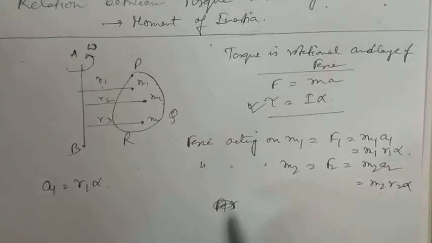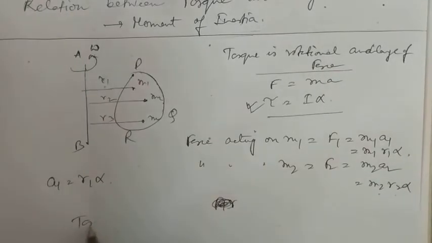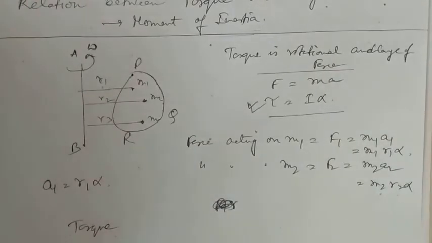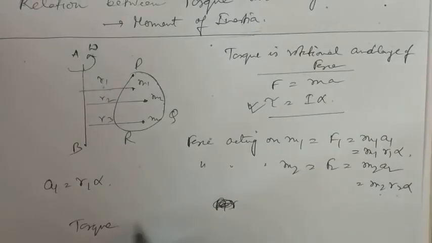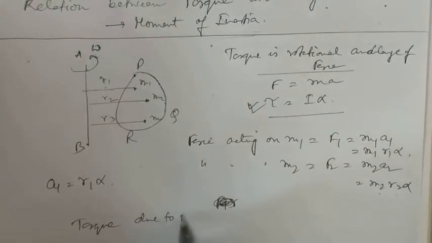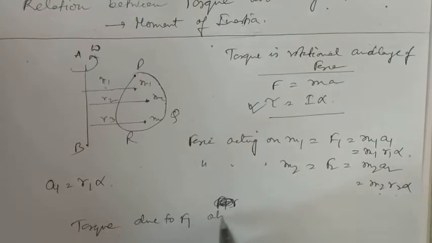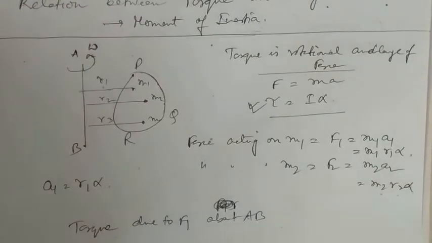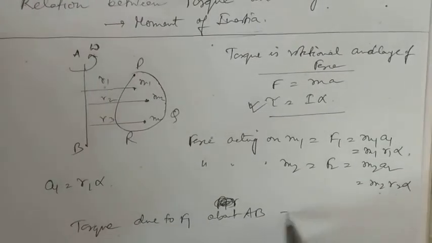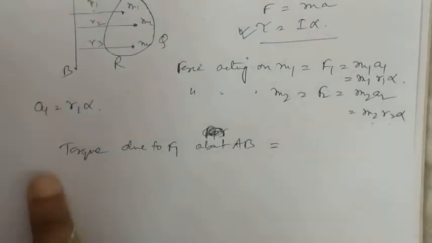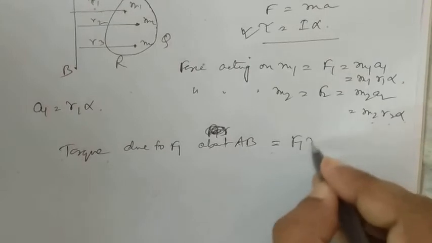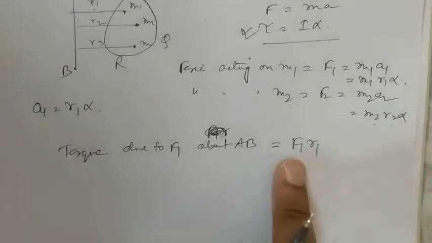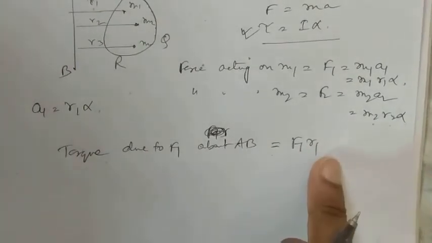Now the torque relating to this force, the moment of force, torque due to F1 about AB, the axis of rotation, will be equal to F1 R1, force into perpendicular distance from the line of action of the force.